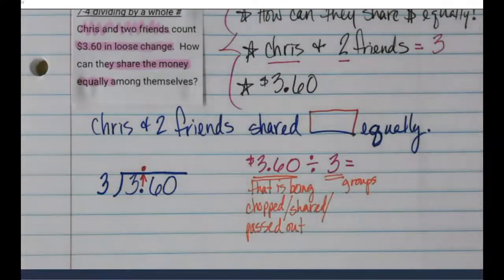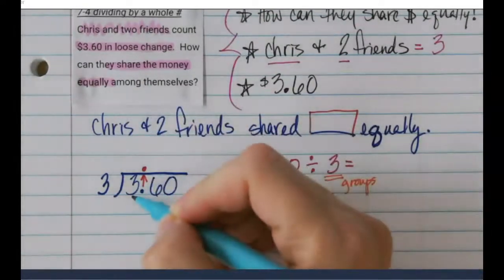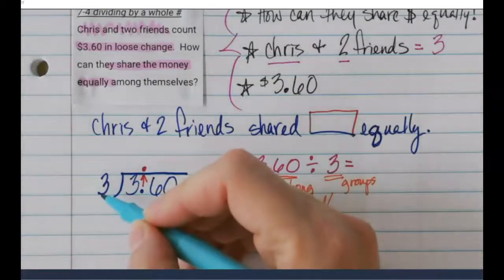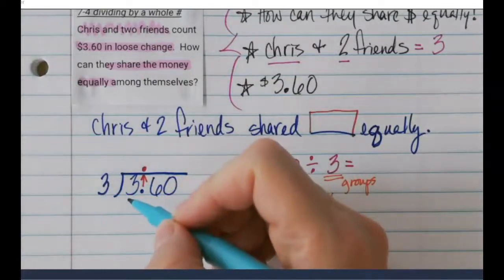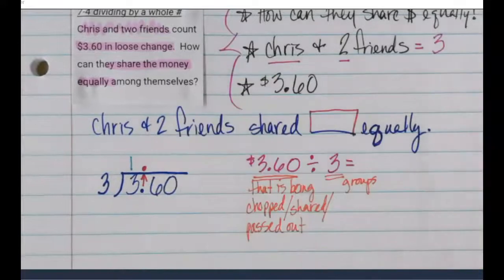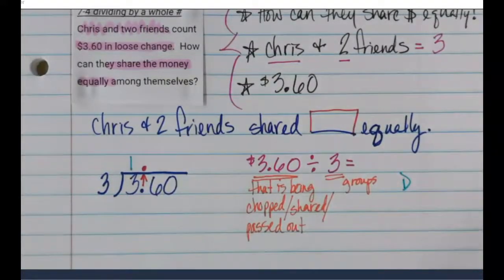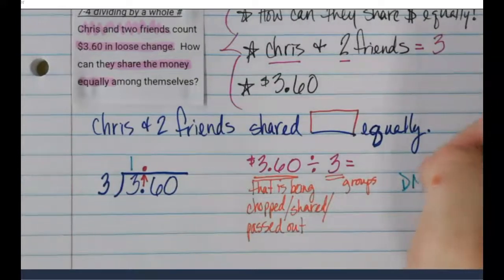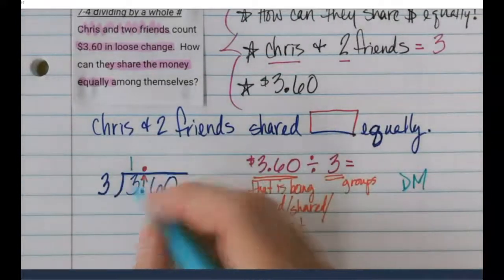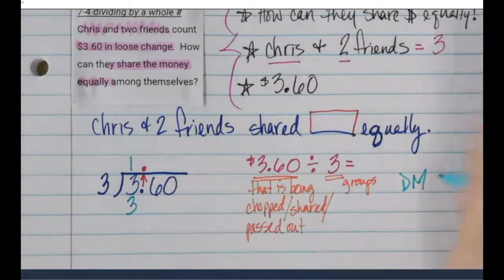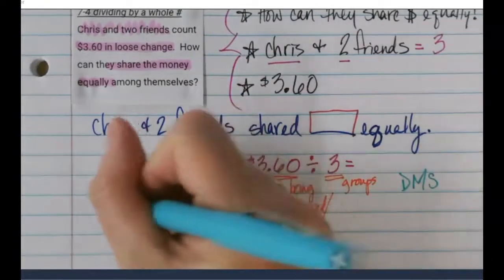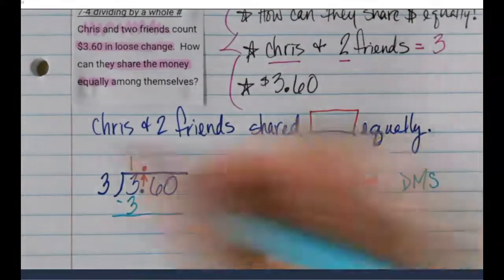So, 3 pens shared by 3 people. How many does each person get? Say it. 1. So that is, I'm going to write it over here, my division. What's my next step? Multiply. 1 times 3 is? 3. Next step. 3 minus 3 is? 0.